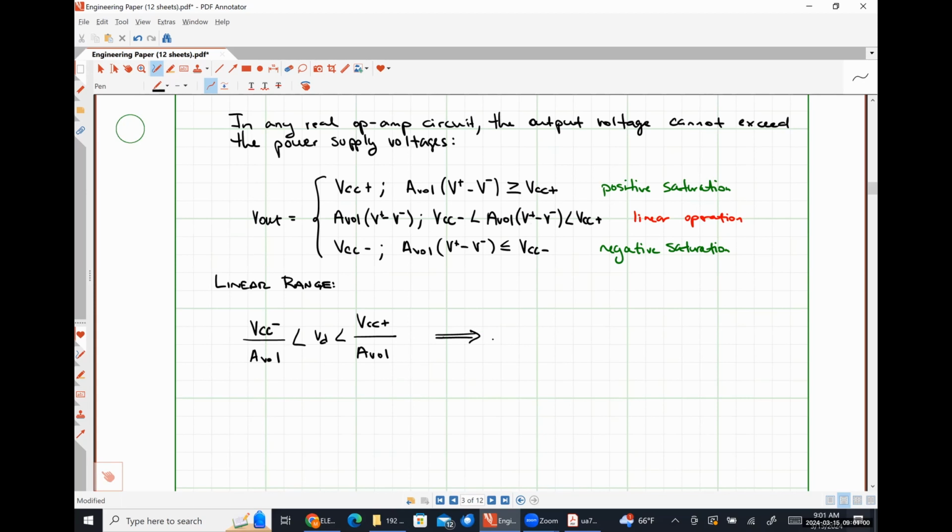Okay. So for our 741 op amp in the previous example, let's figure out what that linear range would actually be, right? So our supply voltage was negative 10 volts. Our gain was 2 times 10 to the 5. And then on the other side, our positive supply voltage was positive 10 volts. And our gain was once again 2 times 10 to the 5. So let me grab a calculator real quick.